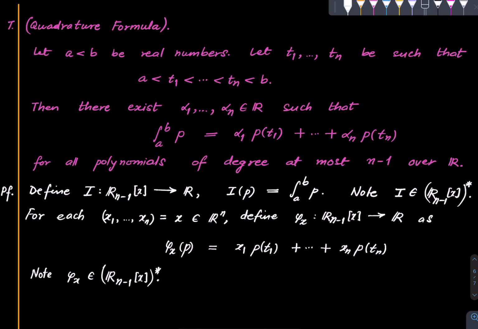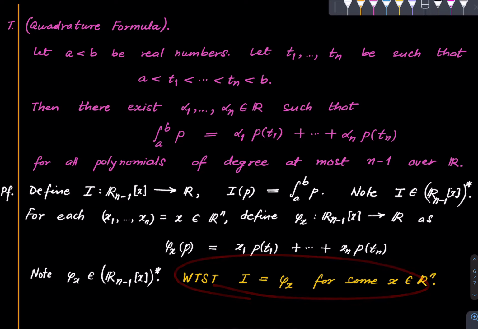So now what we want to show is that I is equal to phi x for some x. This is exactly what the theorem states. Okay, so once we convince ourselves that this is what we want to prove, we can go ahead.